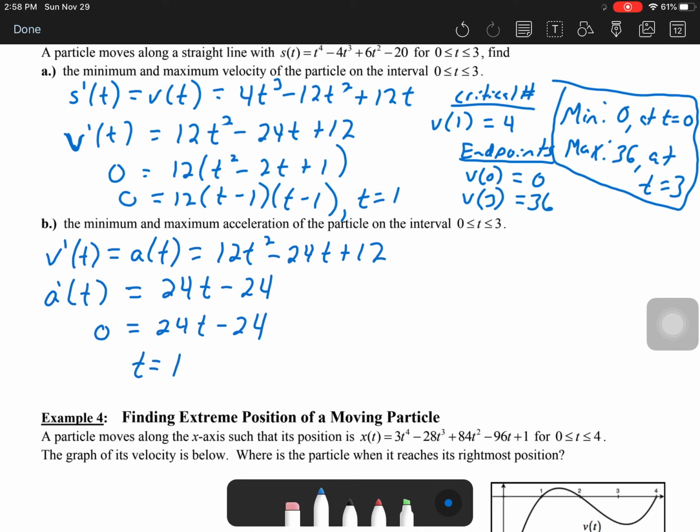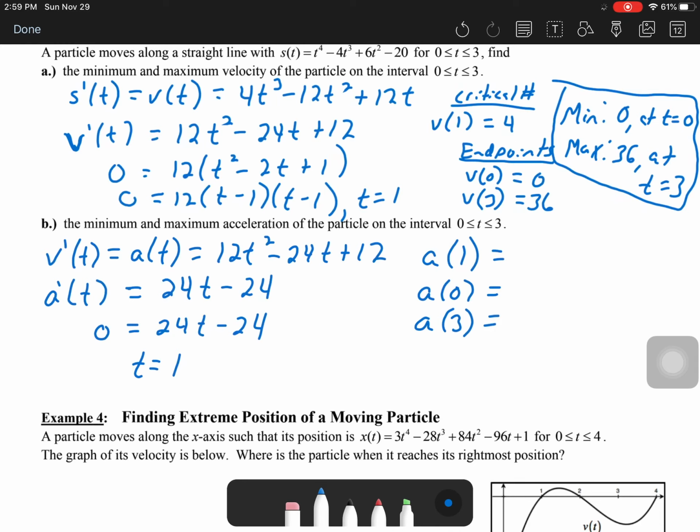Okay, so again, we're going to test, we're going to do acceleration now. We want our minimum and maximum acceleration. So you want to make sure you write the correct notation, right? Here I knew I was testing for minimum maximum velocity, so I said v of these critical number and endpoints. And so now we want to say A of our critical number, and we want to do A of our endpoints.